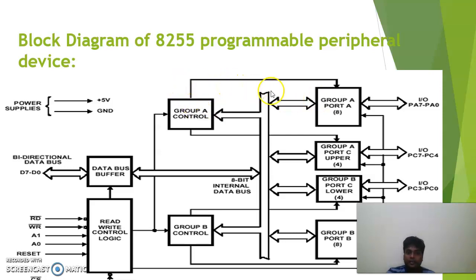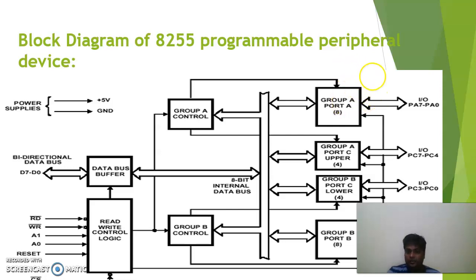Now the next one is port A, port B and port C. Actually I earlier told you that port A, port B and port C basically contain 8 lines. So port A contains 8 lines for input latch and 8 lines for output latch.